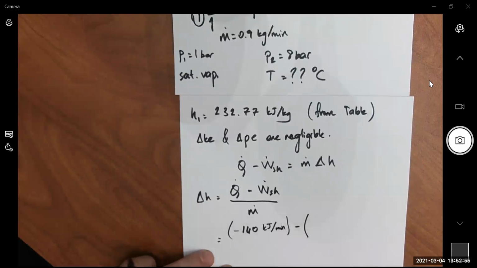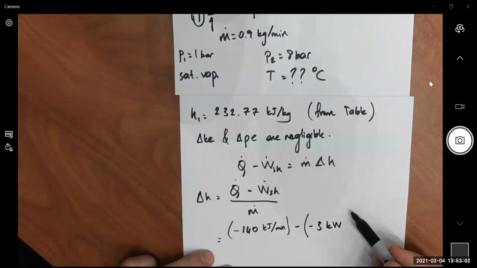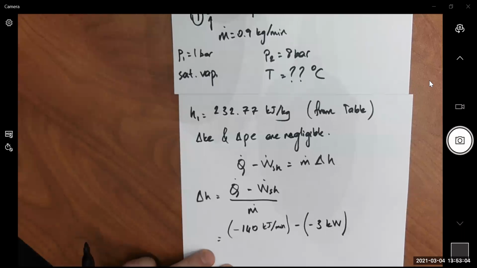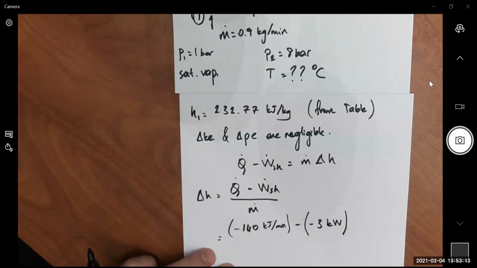Minus minus 3 kilowatts. Amount of power required for this particular open system device to operate, minus 3 kilowatts.